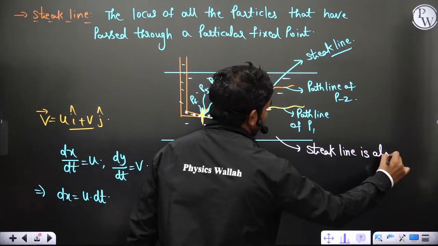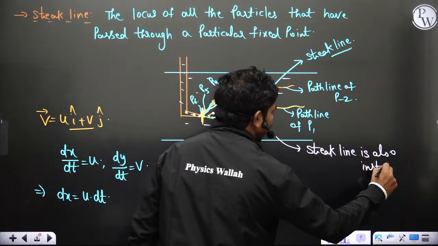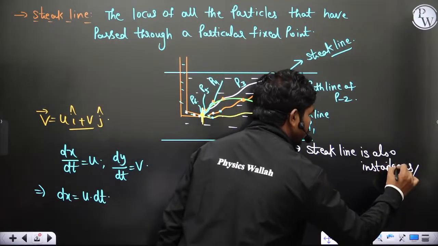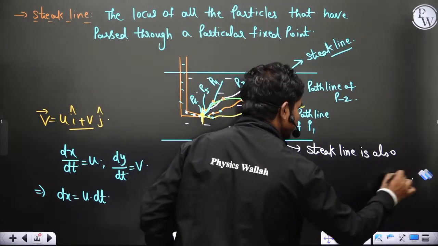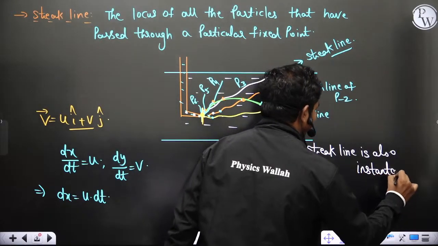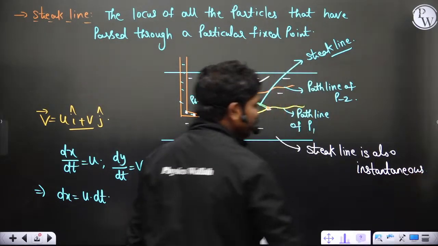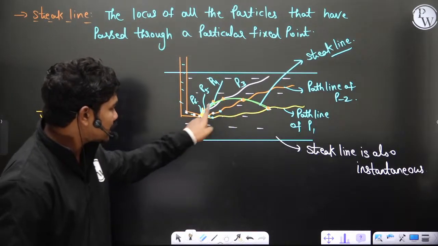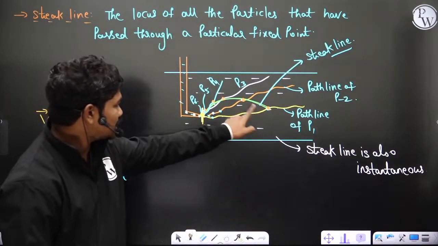Instantaneous. What is the spelling? Now, why is the streak line instantaneous? Because this particular streak line is valid only for these positions of the particles.